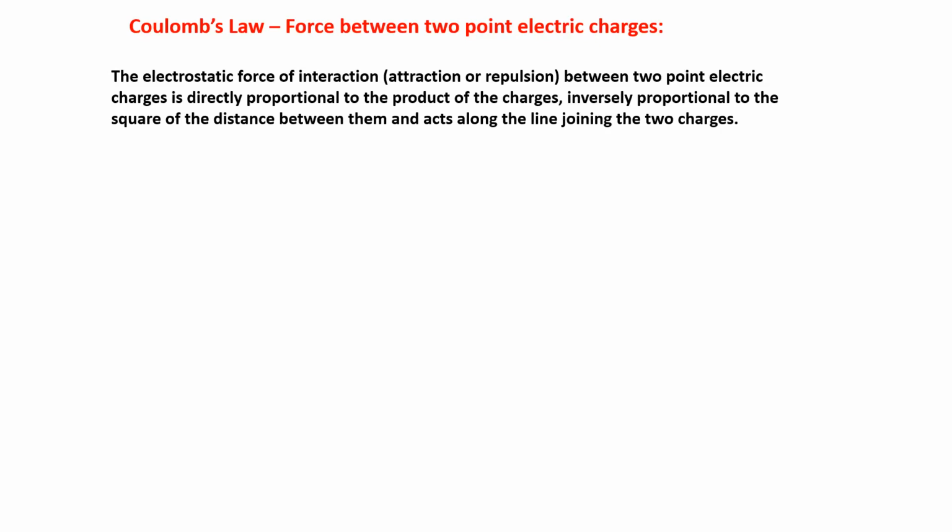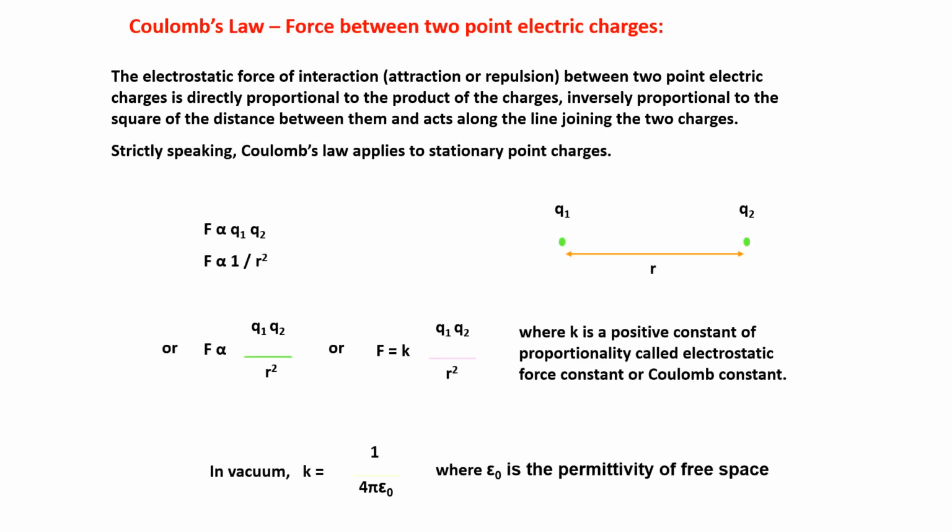So Coulomb's law says that the force between the two charges is directly proportional to the product of charges and inversely proportional to the square of the distance between them.